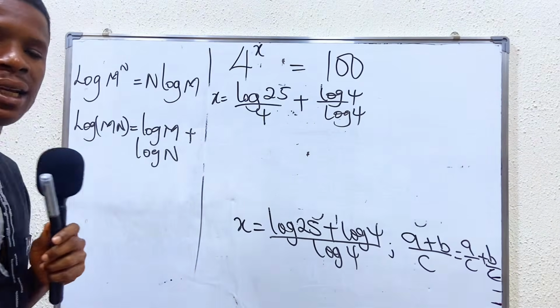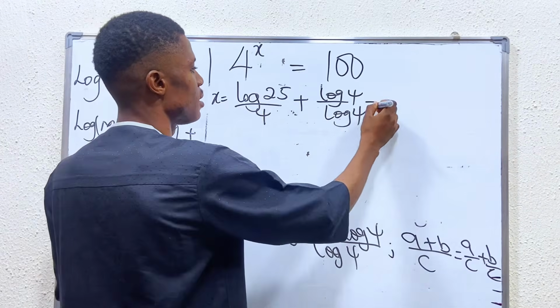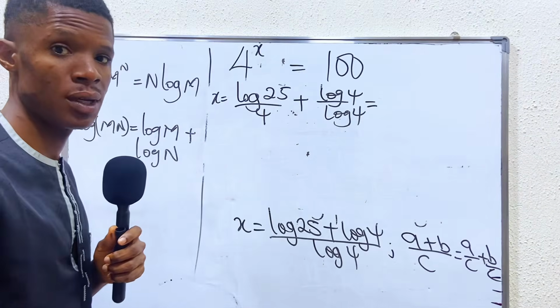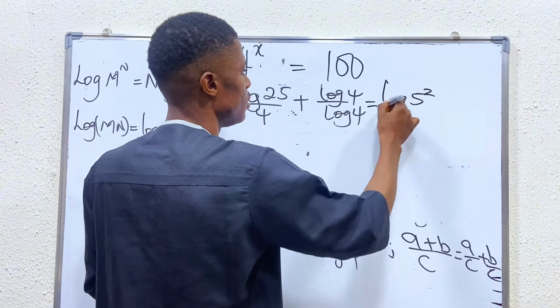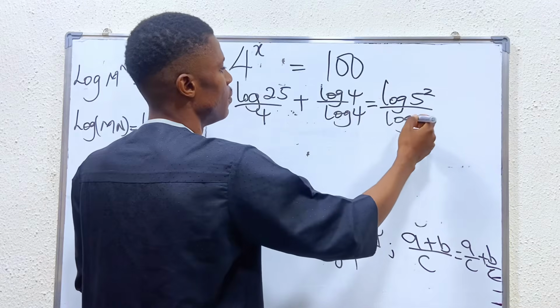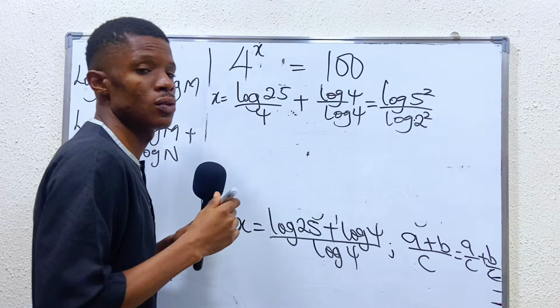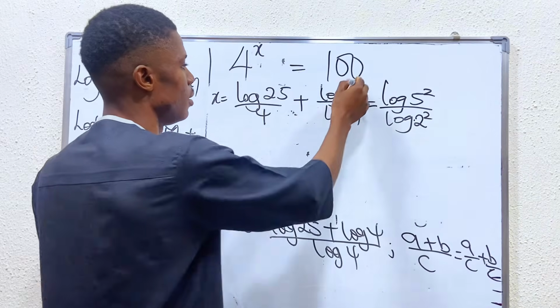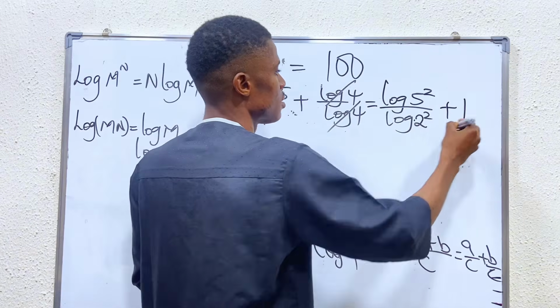And this can be further simplified. 25 is 5 squared, so we can write it as log 5 squared over log 2 squared, because 4 is also 2 squared. Then log 4 over log 4 will cancel out, and we are having 1, so we have plus 1.